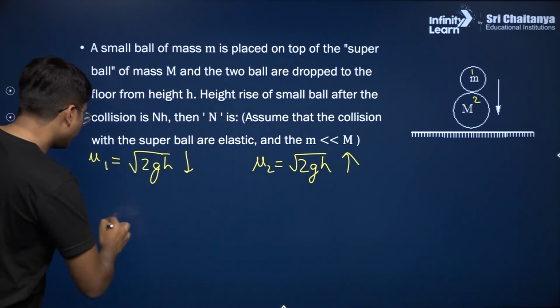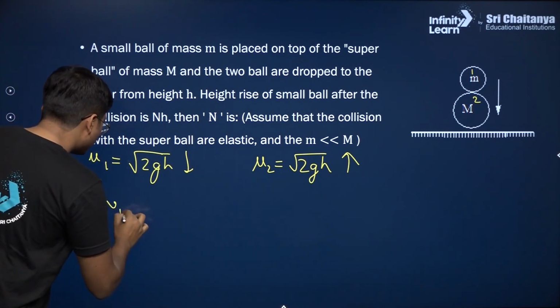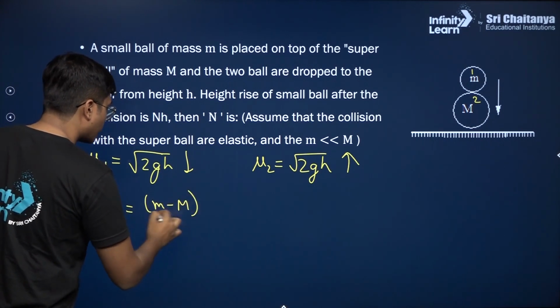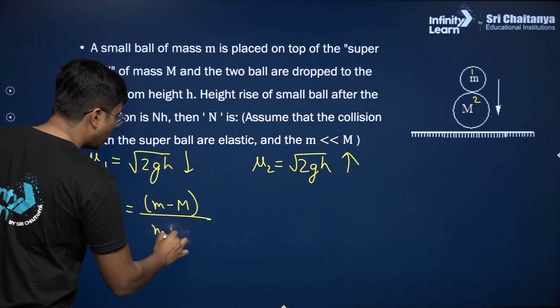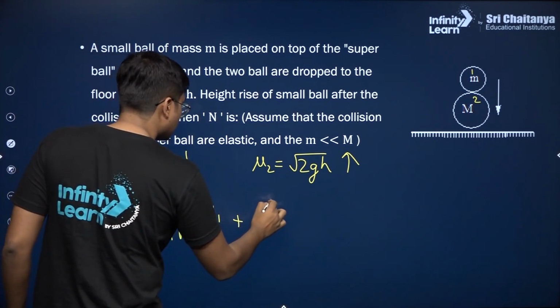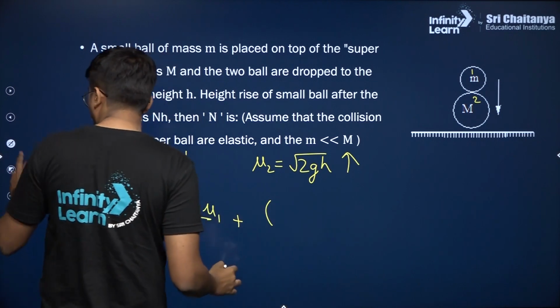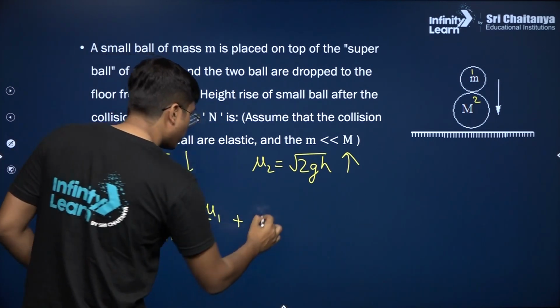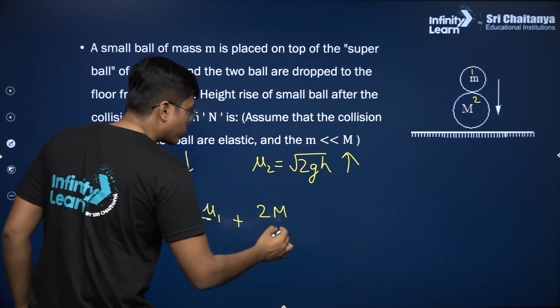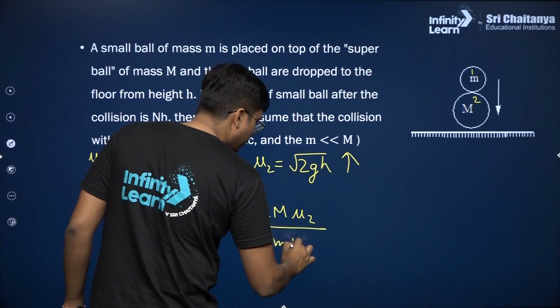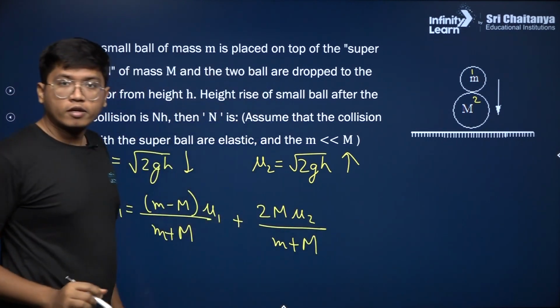So we will have V1 is equal to (small m minus capital M) divided by (small m plus capital M) U1, plus 2 capital M into U2 divided by (small m plus capital M), right?